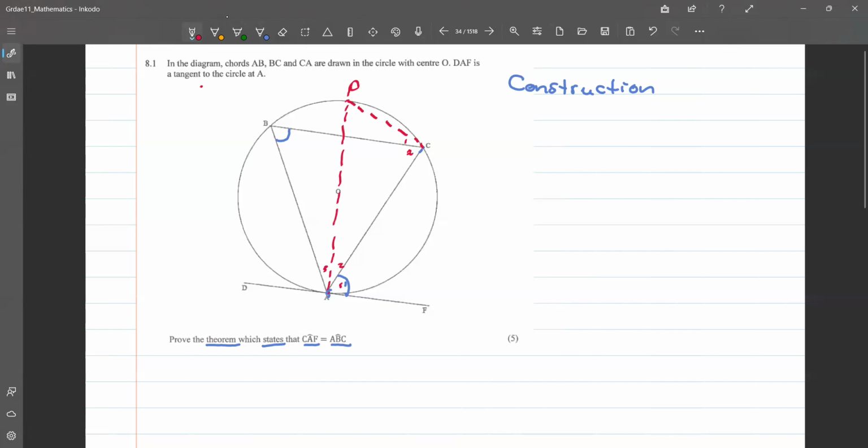Now, under construction, what am I writing? You draw a diameter. What's the name of the diameter? AP. Diameter AP. And what else did I draw? Another chord, chord PC. Now, what else did you indicate that was never there?